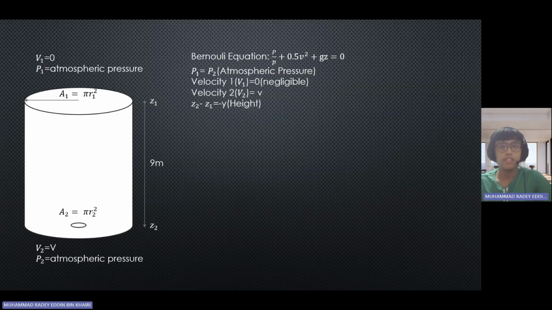This is a visualization of the information given in the question. We know that V1 is equal to 0 because the rate of water going down is negligible. P1 and P2 are assumed to be atmospheric pressure, whereas for V2, we shall label it as V. And to get the change in height, we'll take Z2 minus Z1.